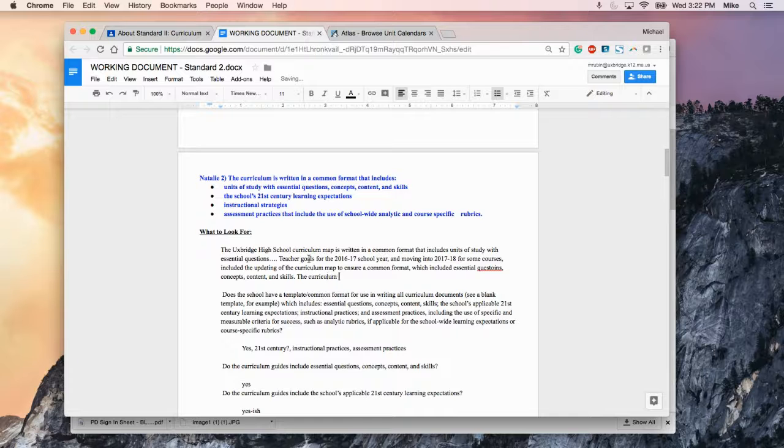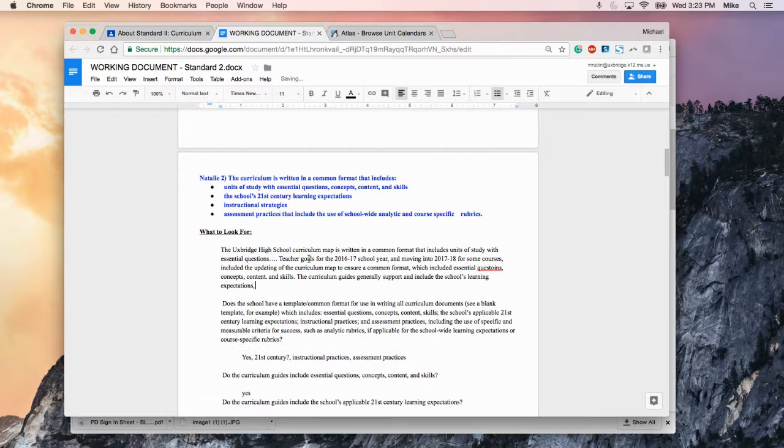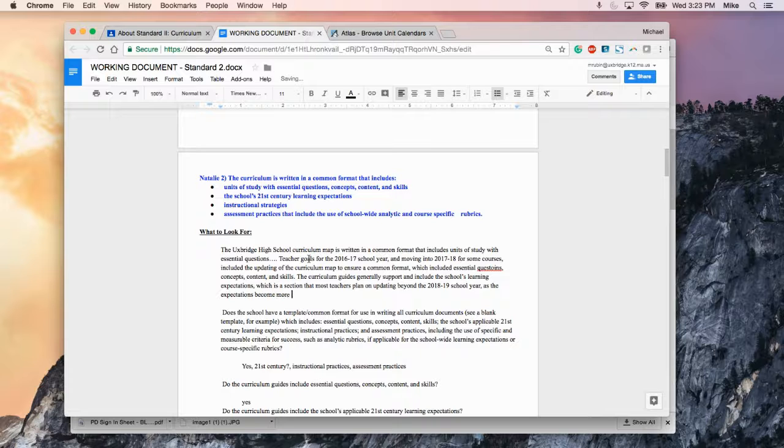The curriculum guides generally support and include the school's learning expectations, which is a section that most teachers plan on updating beyond the 2018-19 school year as the expectations become more demanding and regularly assessed in all curricular areas.